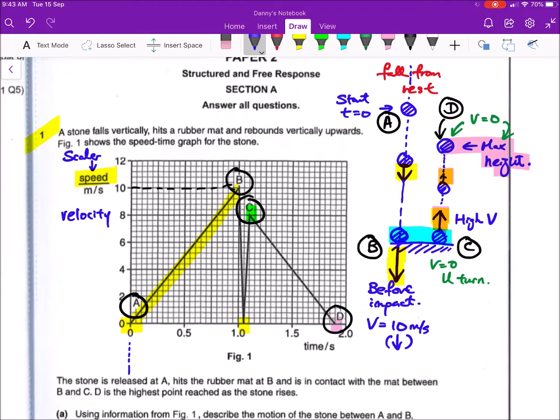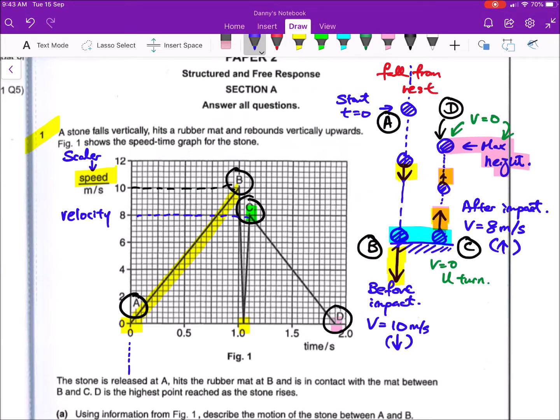And then you look at C. C is after impact, so I can now fill in here. So for your C, it is after impact, and it has a velocity of 8, right? And it is going up, and then of course D you will have velocity of 0.